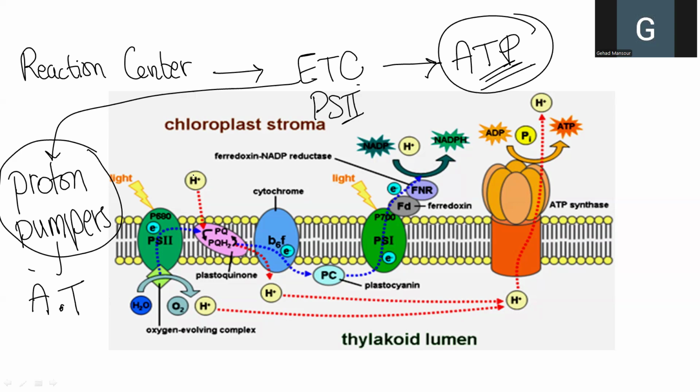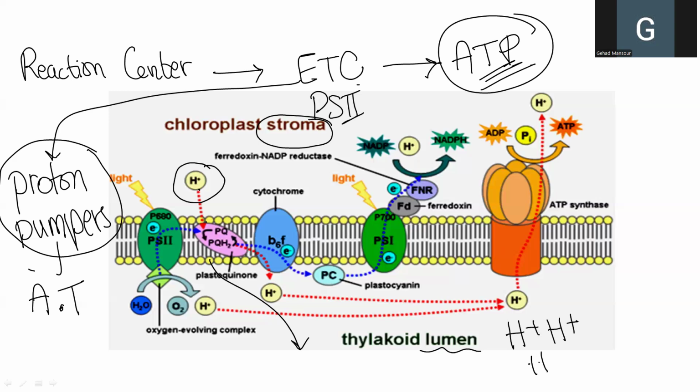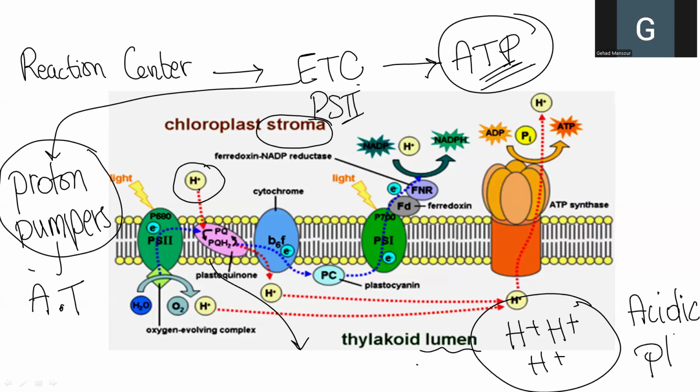So actually, the protons are being pumped all the time by these electron carriers from the stroma of the chloroplast to the inside of the thylakoid, or the thylakoid lumen, which means that there will be accumulation of protons against their concentration gradient in the thylakoid lumen, and this explains the acidic pH inside the thylakoid lumen.